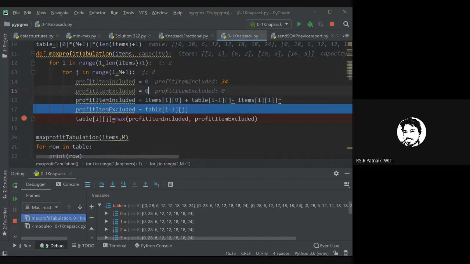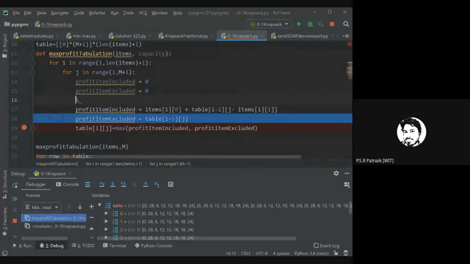No. So what we were doing wrong is we need to check if the weight of the current element, where do you get the weight of the current element? This item of i, this second value, is less than or equal to the current capacity. What is the current capacity we are denoting? j.